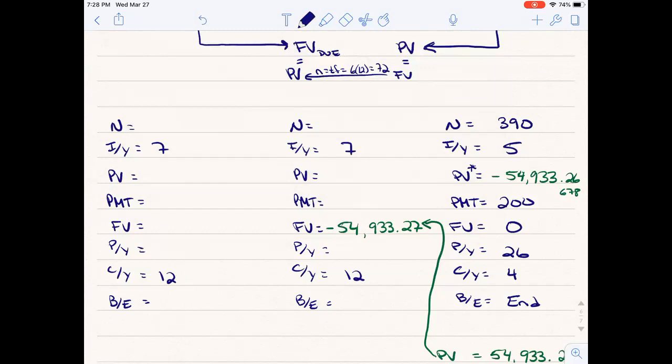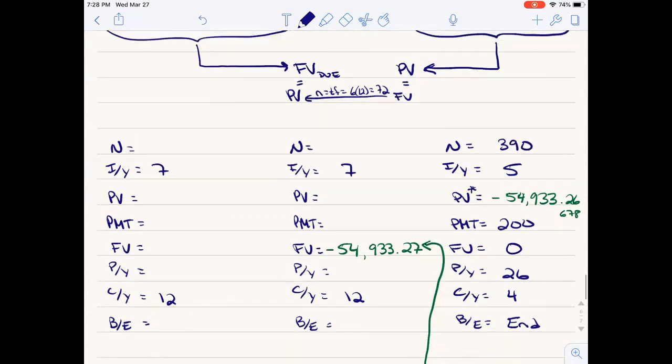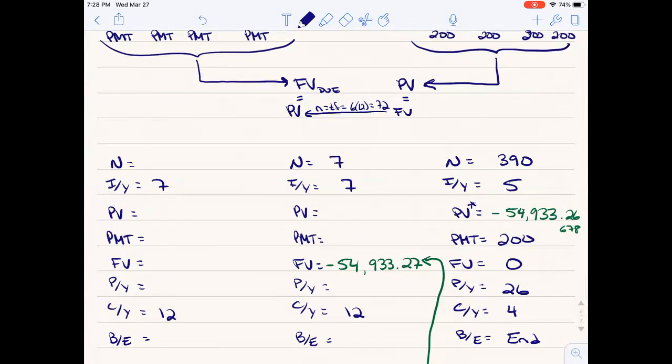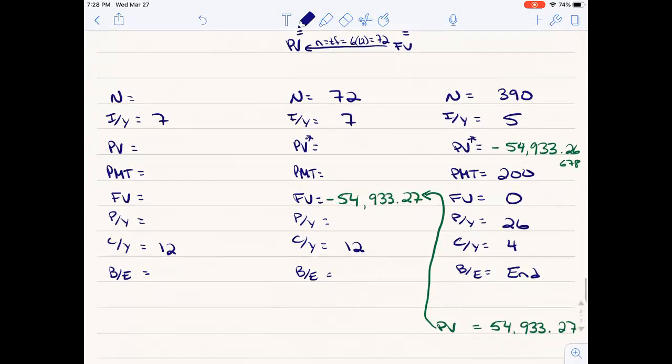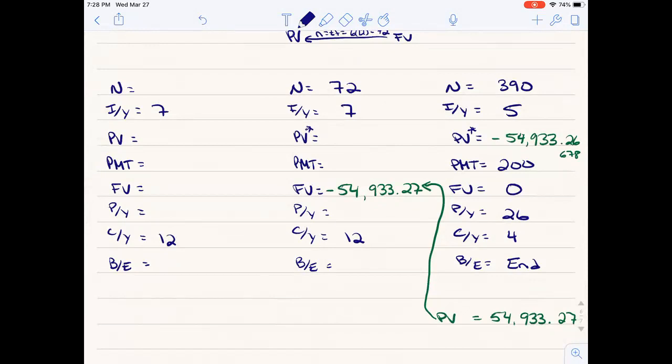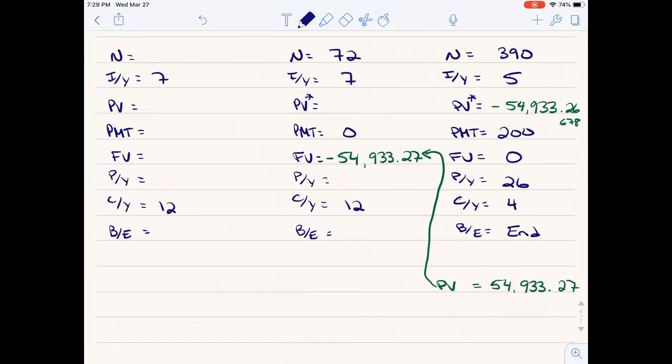So now we can fill in the rest of the values here. We found N already is 72. The present value is the one we're trying to find. Our payments are 0, there's no payments going in or coming out.